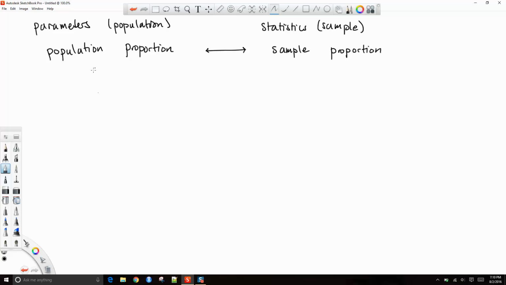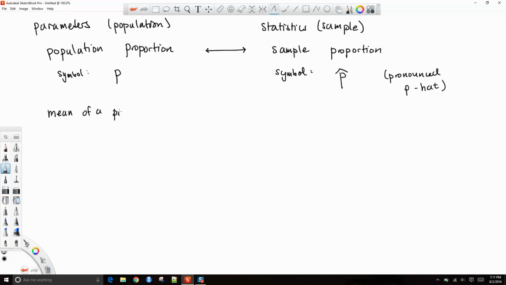Okay, and so the symbol here would be P, and the symbol over here is P hat. Okay, so this is how we distinguish the proportion in the population versus the proportion in the sample. This is pronounced P hat. Okay. Other things, you could have the mean of a population.